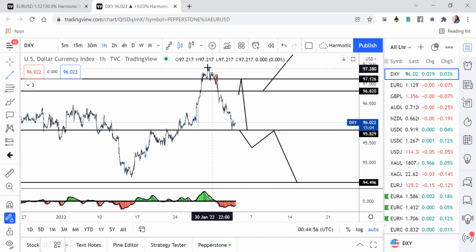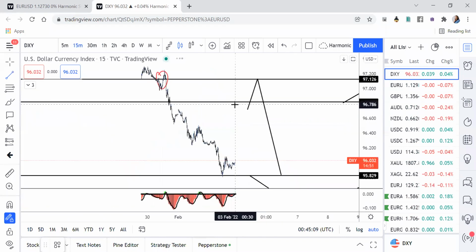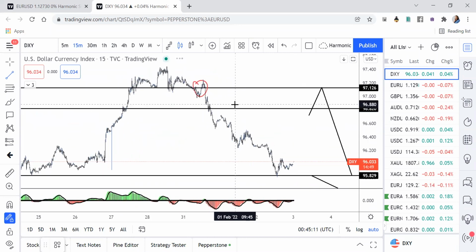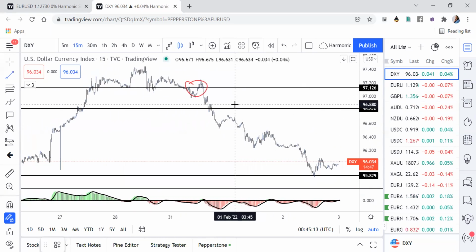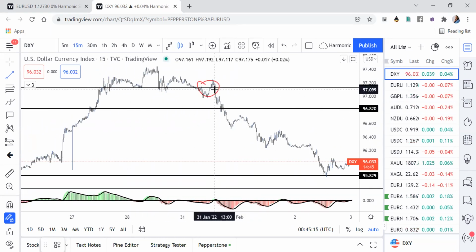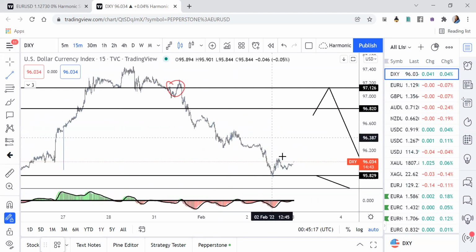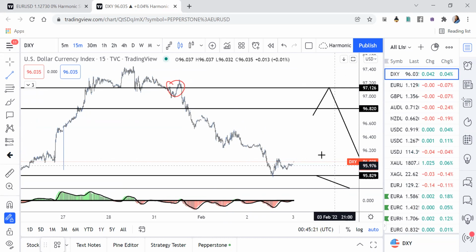So I would need the 1 hour highs and lows to break, or the 4-hour highs and lows to break. But with the 15-minute time frame, I can catch a move because I had a 15-minute break of structure. We didn't get the retests yet. Wait for price to come back up to here and then look to sell.